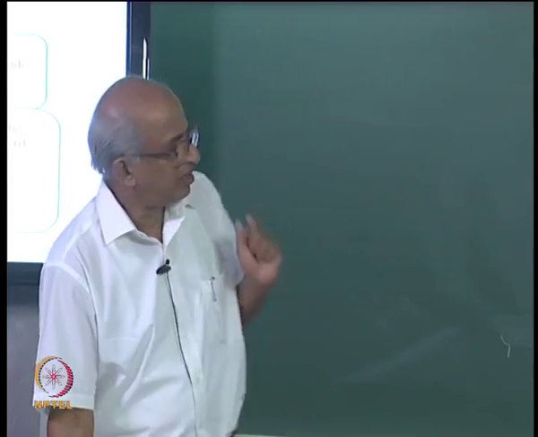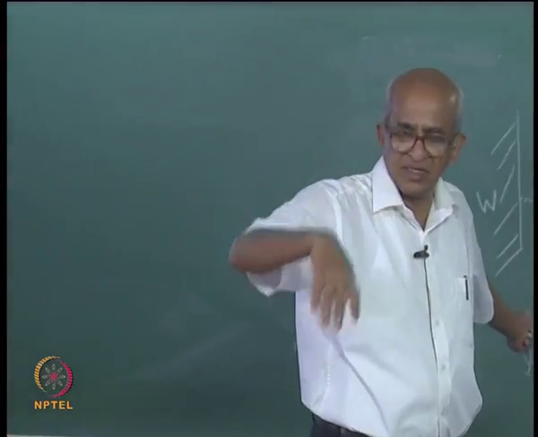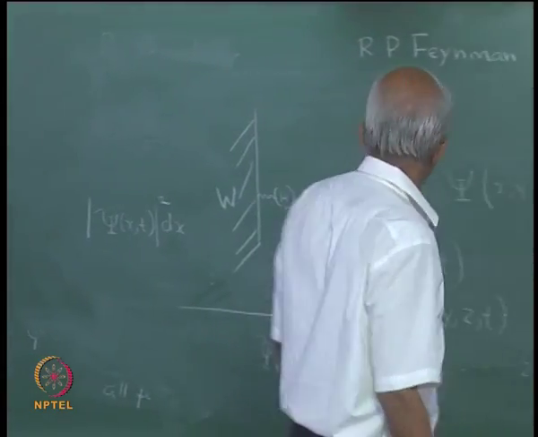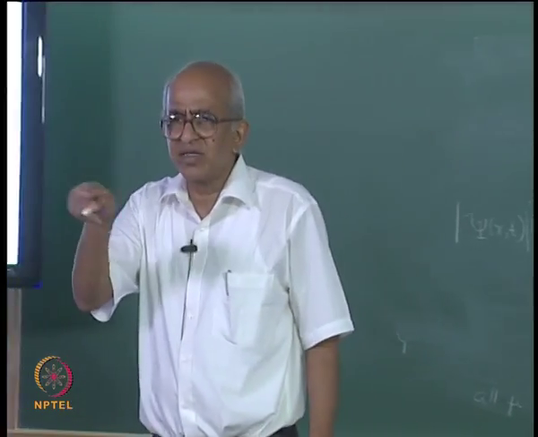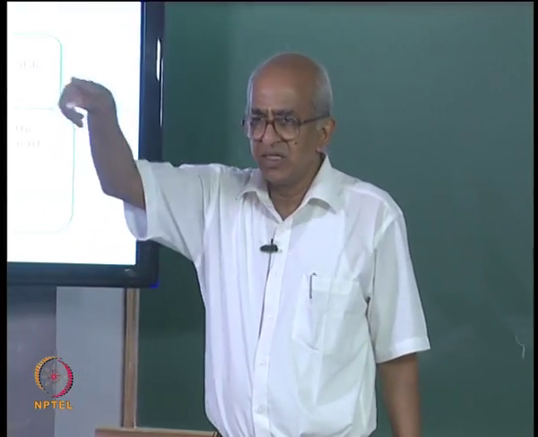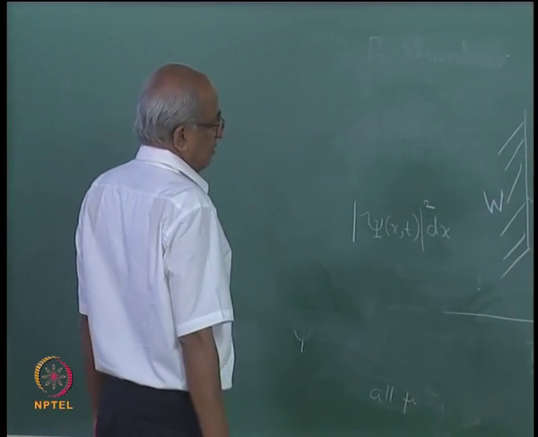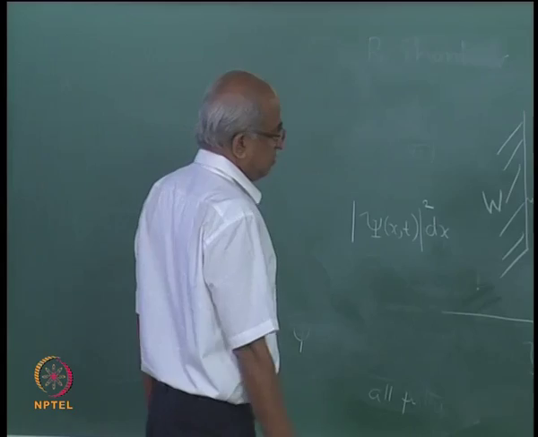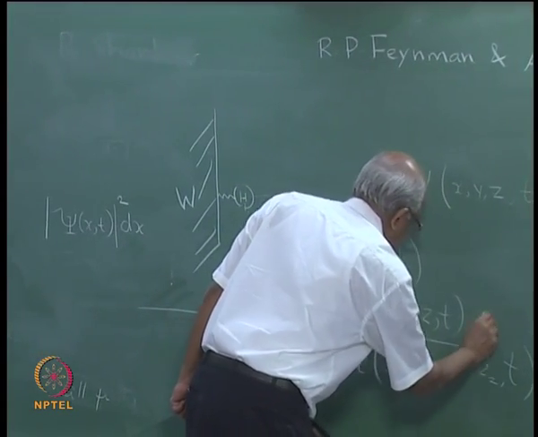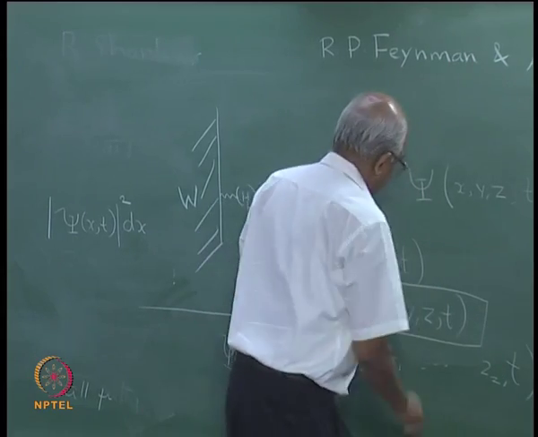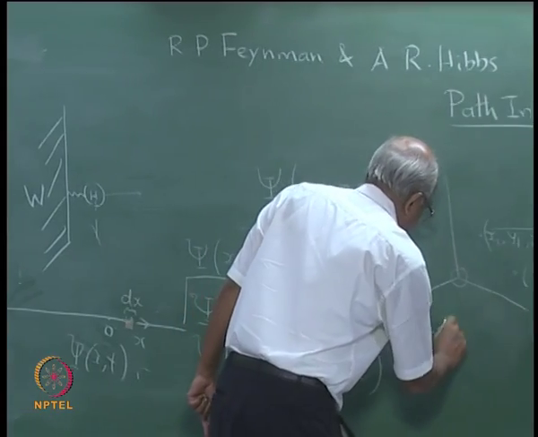Now, if you think of a helium atom in this room, we can generalize this very easily. If you think of a helium atom in this room and imagine that I have a small rectangular parallelopiped region in this room, which I am going to draw on the board. Because we are thinking of the helium atom, remember the wave function is given by psi, which is a function of x, y, z, and this is the helium atom.